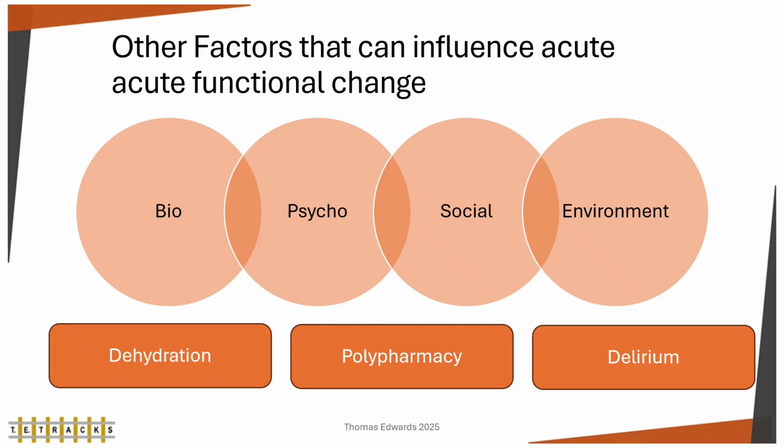So the example I often give is the person who may come into A&E just because of a head injury following a fall, and they were not confused when they arrived in A&E, but the change of the environment might have led to some confusion.